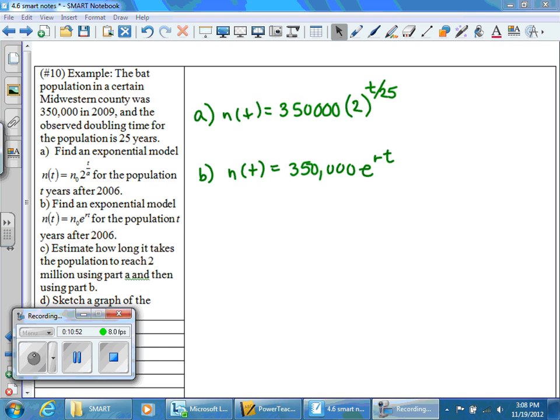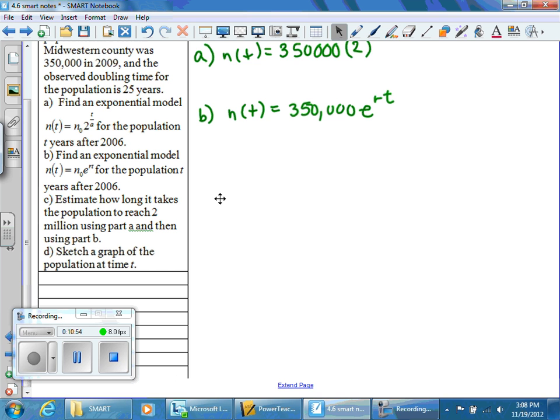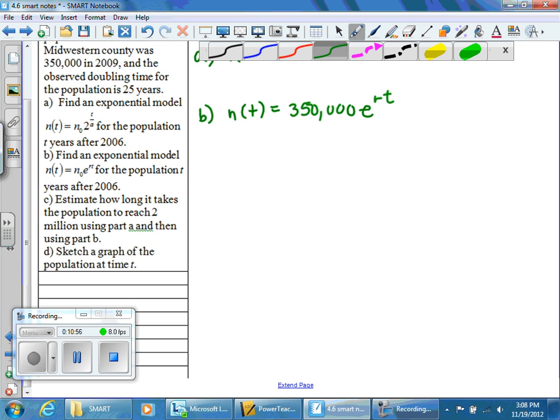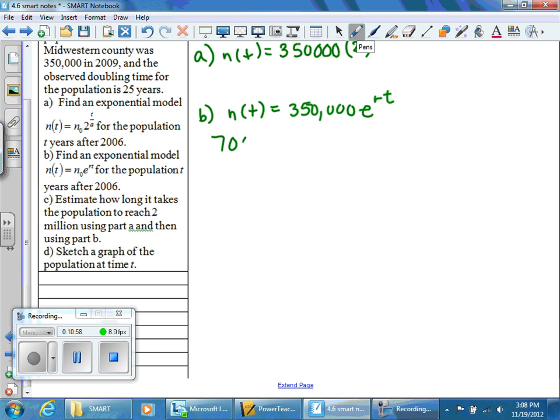So double meaning I would be at, oops, sorry about that. After 25 years. So now I can solve for R.